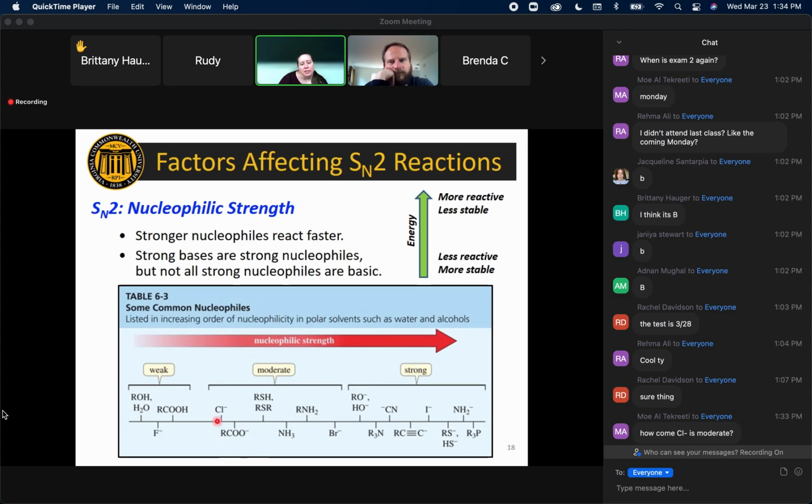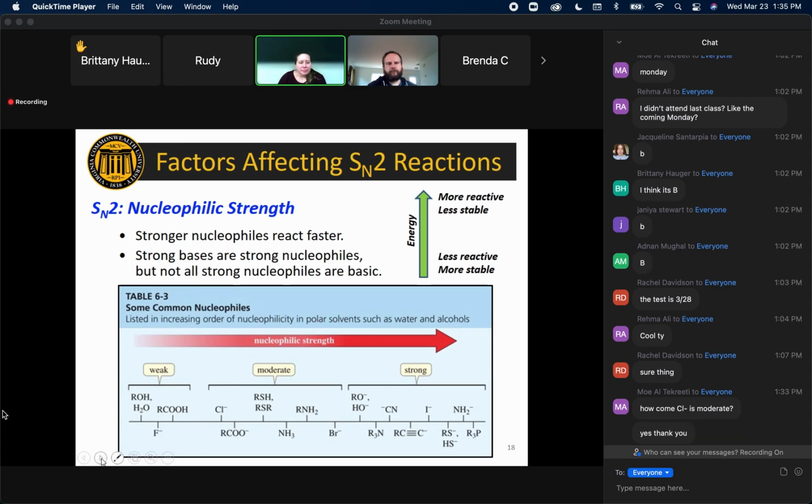The same thing with this carboxylic acid. We can draw a resonance structure for this carboxylate to show that that negative charge is stabilized because of the resonance structure. So the electronegativity in the case of chloride and the resonance stabilization in the case of RCOO minus, those are what make them moderate nucleophiles as opposed to strong nucleophiles. Did that answer your question?